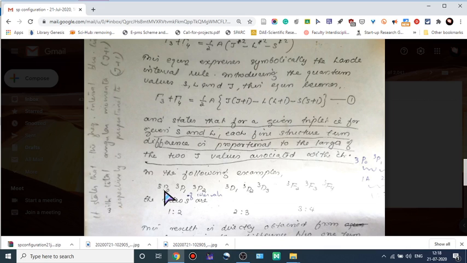Substitute these S, L and J values into equation 1 and take the difference. First substitute the S, L and J values of 3p0. We will get a result. And again substitute the S, L and J values of 3p1.